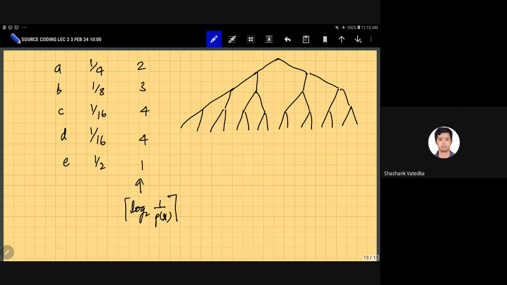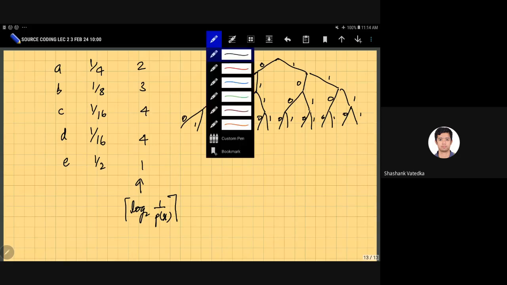Okay, so this is a complete tree of depth 4. Let's label the edges of the tree with zeros and ones. Okay. All right. So now I want to construct a code with these lengths.